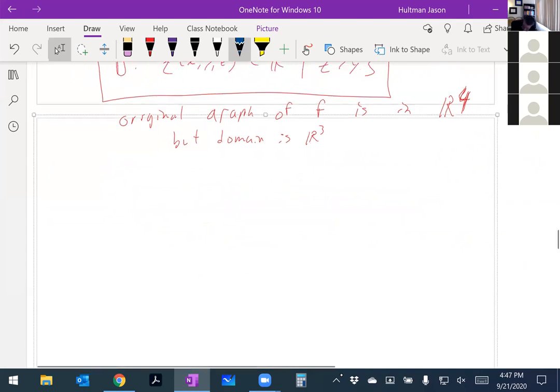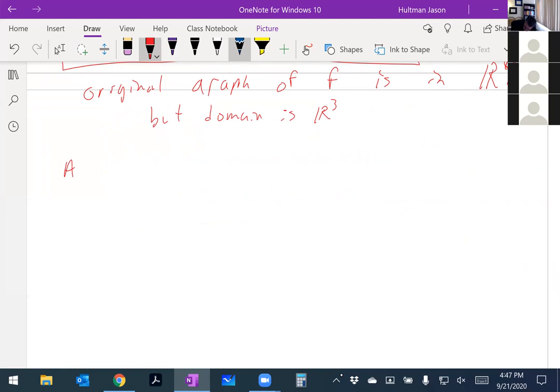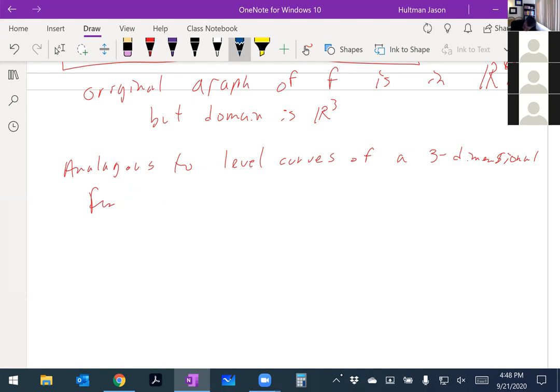Okay, analogous to level curves of a three-dimensional function, mapping to two-dimensional level curves, I should say.